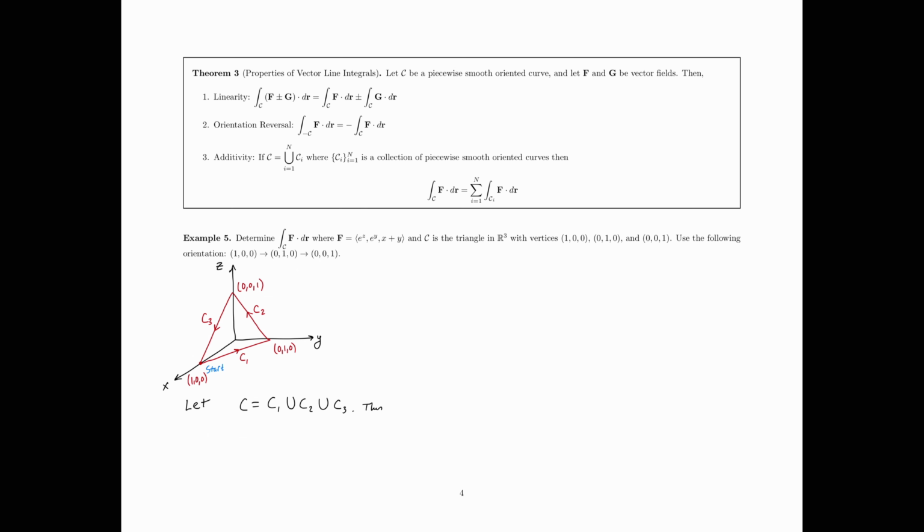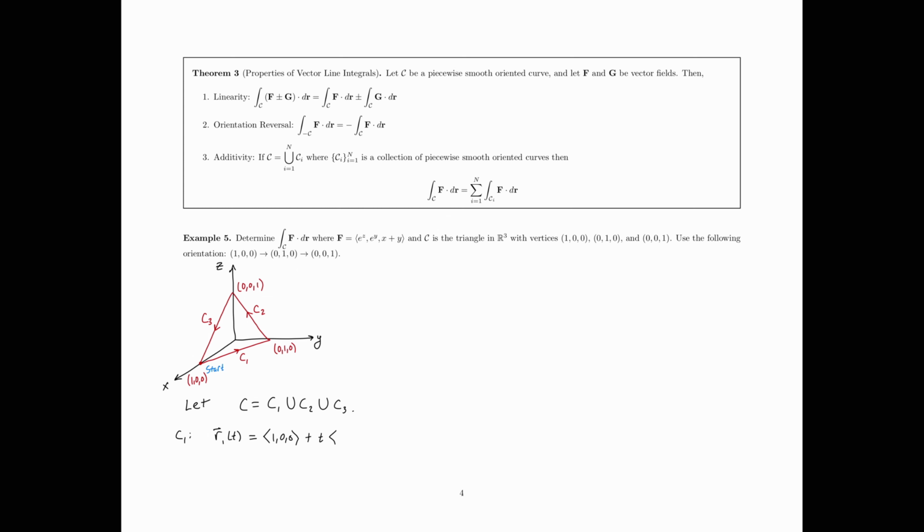So once we have that, we need to go ahead and describe these paths. So what we want to do here is get the direction vectors. Let's go ahead and do this one at a time. So for C1, we'll have R1, which will be our starting point, 1, 0, 0, plus t times our direction vector.